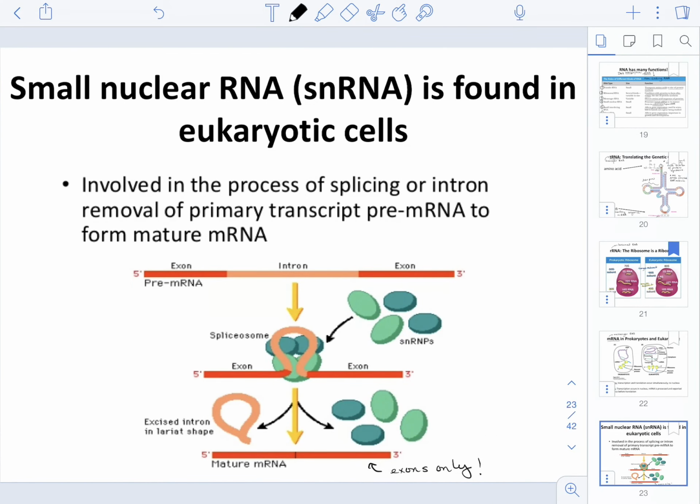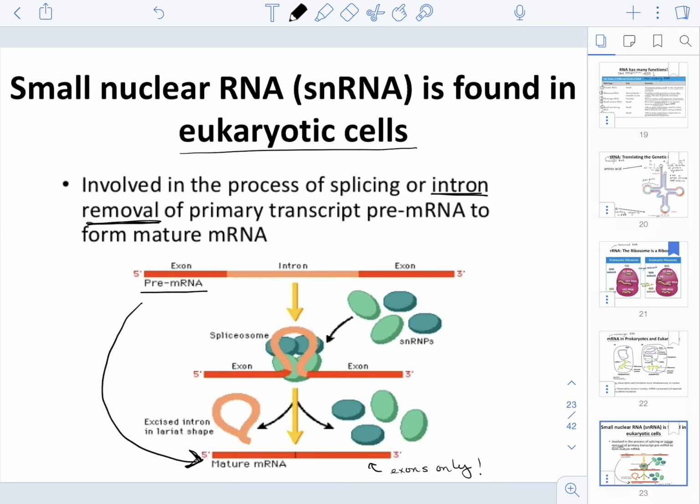So in eukaryotes, the mRNA that is produced from transcription is made as what is called the pre-mRNA. This pre-mRNA has to turn into a mature version of mRNA. Small nuclear RNAs, or snRNAs, are going to be involved in the process of splicing, specifically intron removal, from that first mRNA that came from transcription.